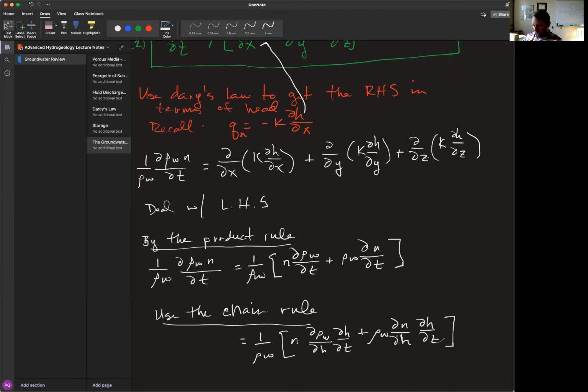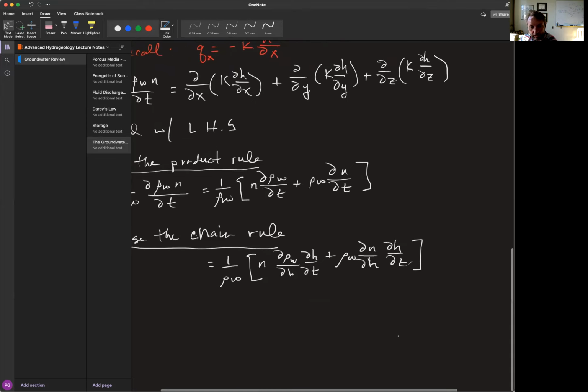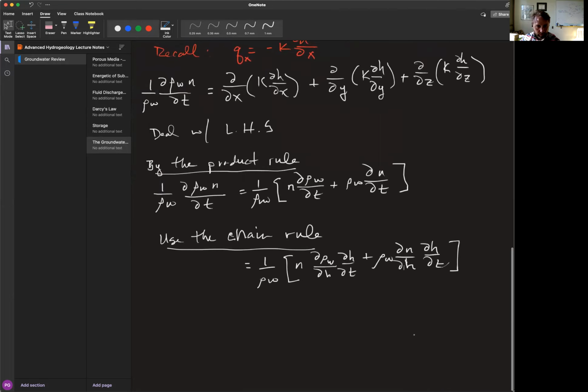So in order to get head in terms of pressure, we can insert P is equal to rho water G H here.